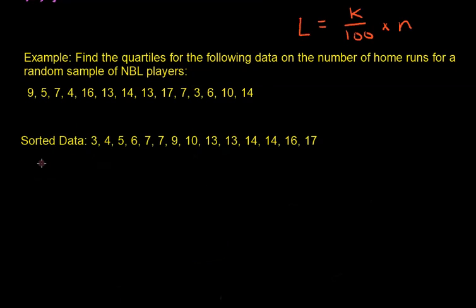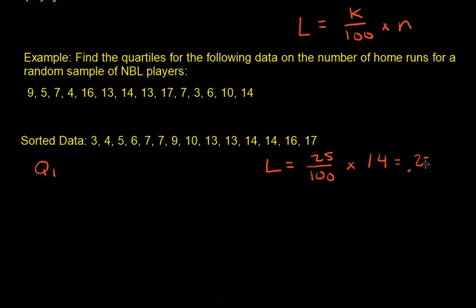So first, let's start by calculating the 25th percentile, or the first quartile. Let's start by calculating Q1. To calculate Q1, I'm going to first calculate L. It's 25 over 100 times N, which is 14.